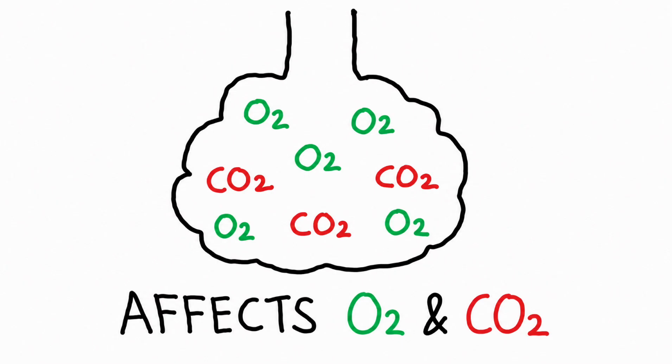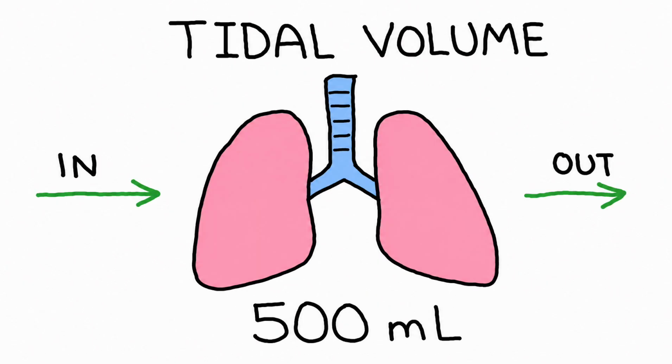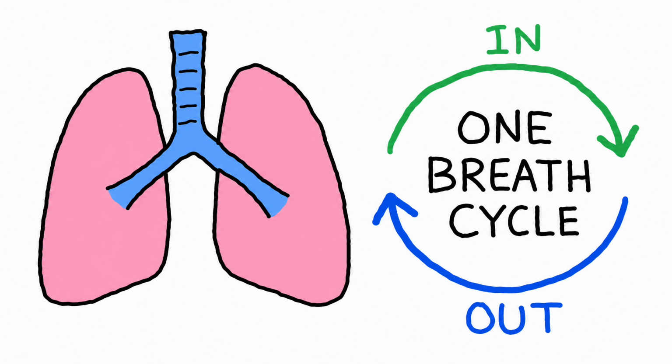So let's go over these volumes and capacities. The tidal volume is going to be around 500 milliliters, and that is basically the volume of air moved in or out of the lungs during a respiratory cycle, like one cycle.